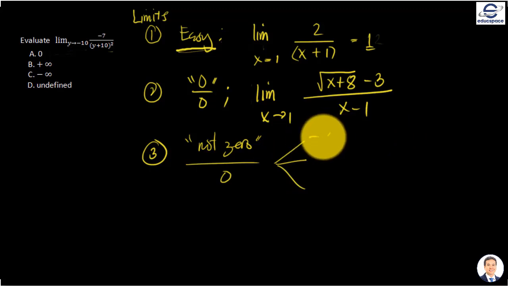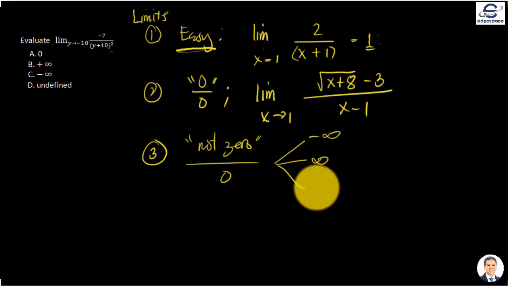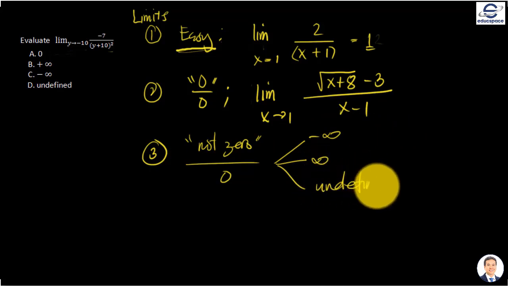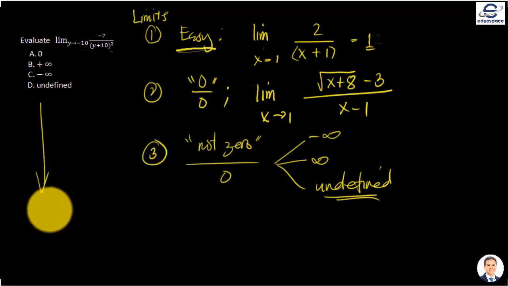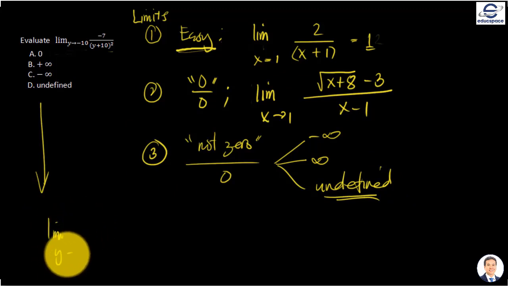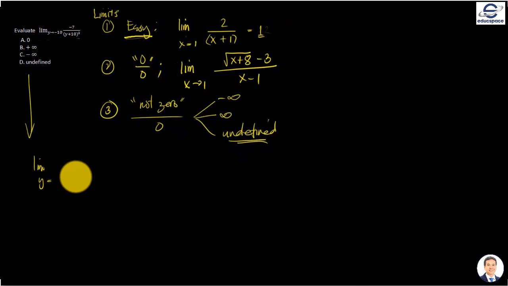First is that we have a negative infinity, positive infinity, and undefined. So this kind of problem is this form. We have case number 3. So how to solve this? I will introduce to you a small technique, a traditional way of calculating this kind of problem.